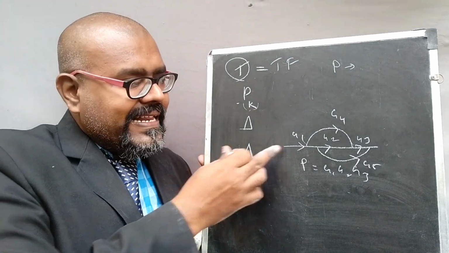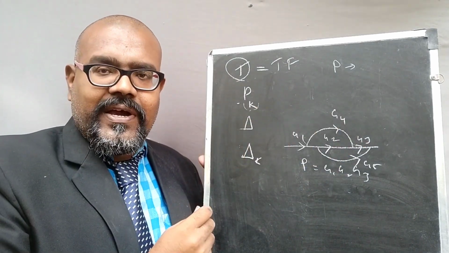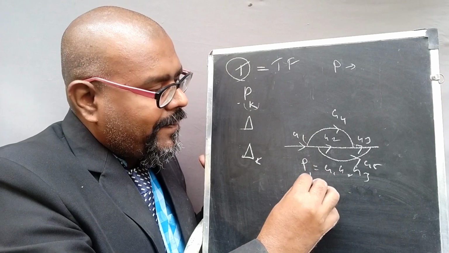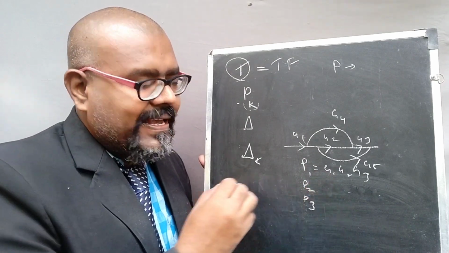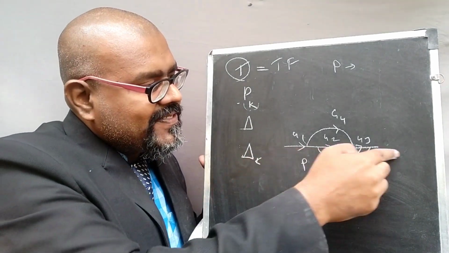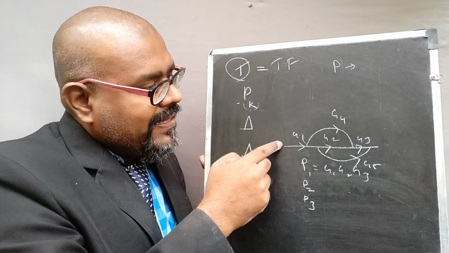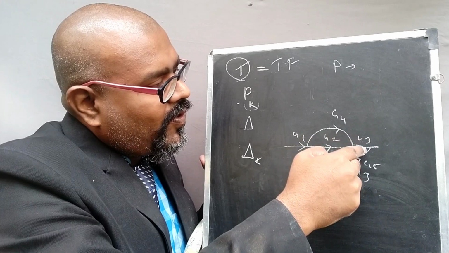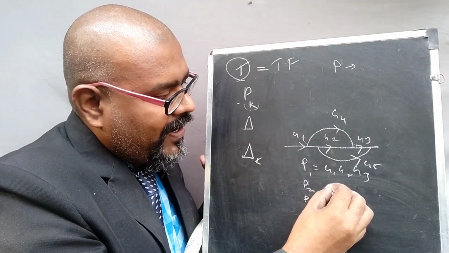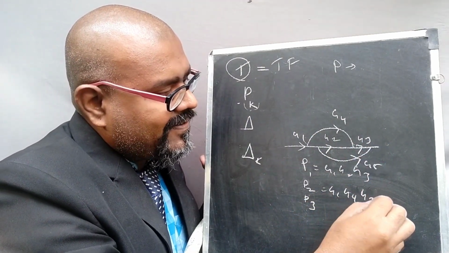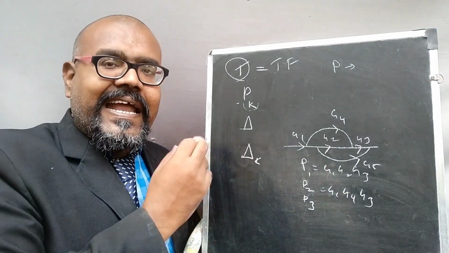So here 3 forward path representation is required. So that is P1, P2 and P3. Here this particular forward path can be represented as P suffix 1. This particular G1, G4 and G3 is represented as the second forward path.